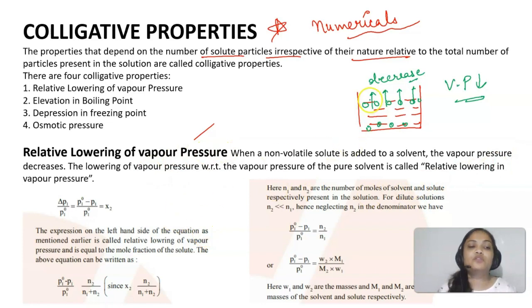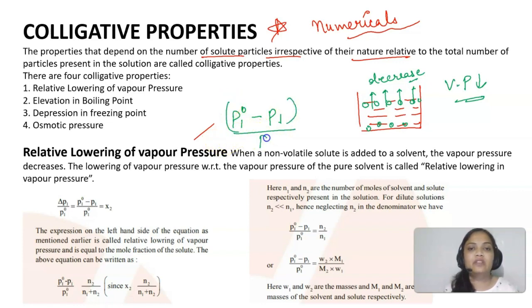So for this relative lowering of vapor pressure, the expression, I'm not discussing the derivation here. If you want to know the derivations, you can see my lectures on solutions. There I have discussed the derivation. Here I am just discussing the formula. So relative lowering of vapor pressure means if P1 naught is the vapor pressure of pure solvent and P1 is the vapor pressure of solution, so this is the lowering of vapor pressure.